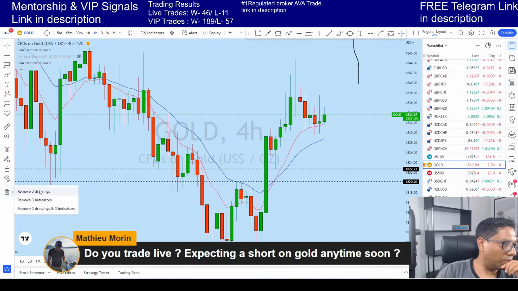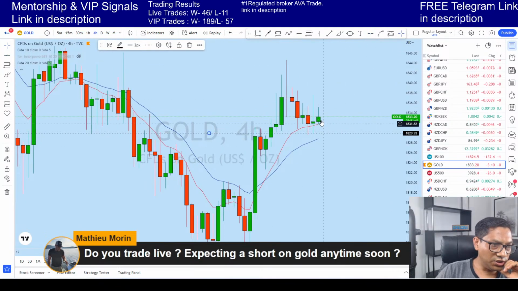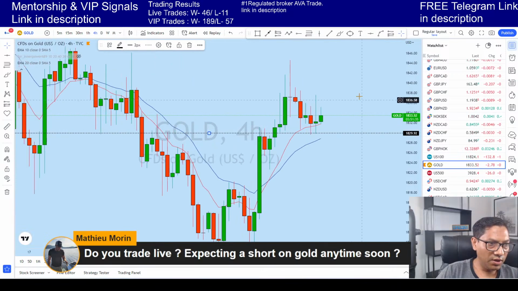So the way the gold price action formed, there is a doji, and this doji created a higher low, which is basically a kind of bullish price action, but the market structure is not strong enough. But I think we might see a false breakout of this level, and from this 20 EMA we might see a strong bullish move again on gold.